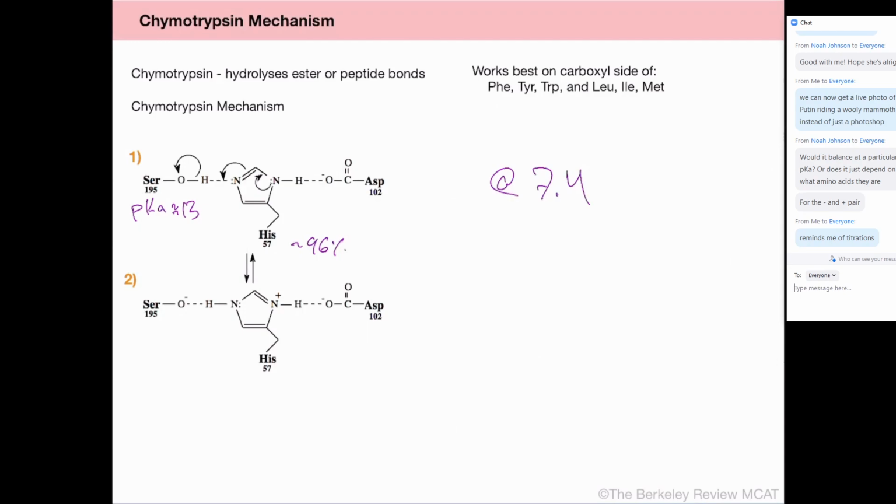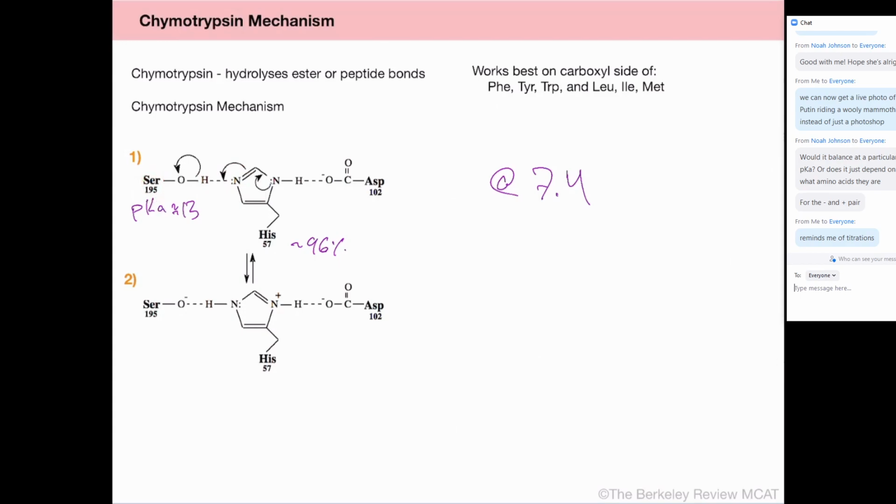However, aspartate can act as a base and it can interact with histidine to make histidine an even stronger base, okay? The aspartate's negative charge can act as a base and try to grab this hydrogen from histidine, which in turn turns histidine into something that can act as an even stronger base, strong enough that it might even grab this hydrogen from the serine.